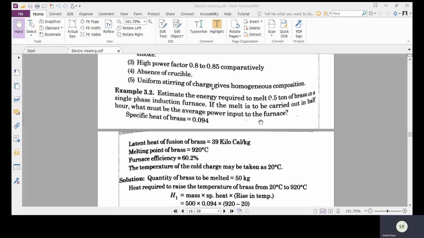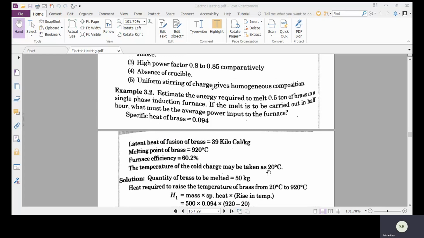After this, he has given some of the specifications related to the brass: the specific heat of brass is 0.094, latent heat of fusion of brass is 39 kilocal per kg, melting point of brass is 920 degrees Celsius, furnace efficiency is 60.2, and the temperature of cold charge may be taken as 20 degrees Celsius.